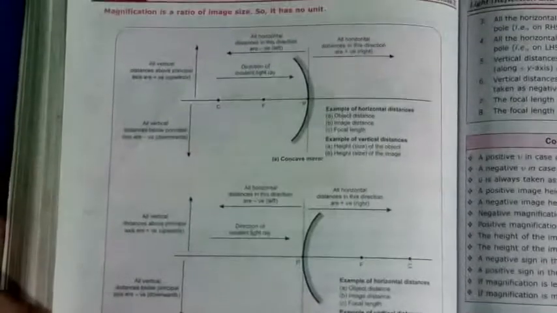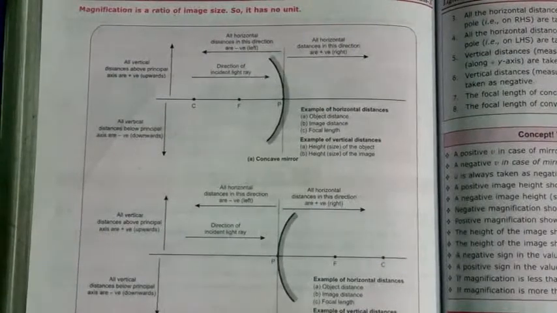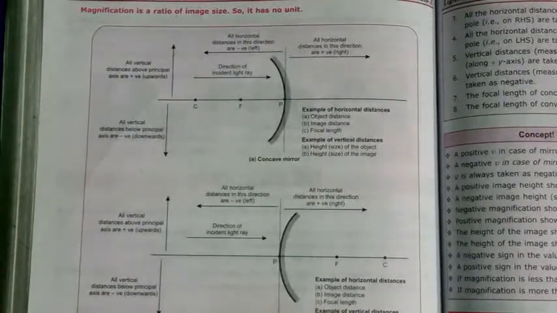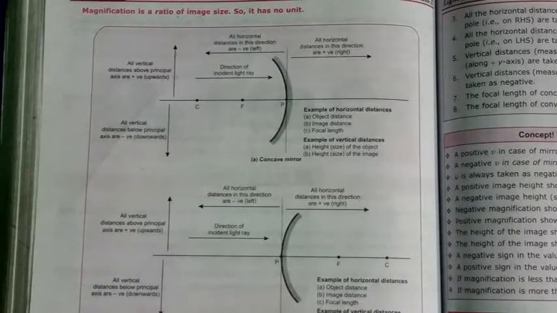Here you have to write down this formula. Here we will understand this. Magnification is a ratio of image size to object size, so it has no unit.